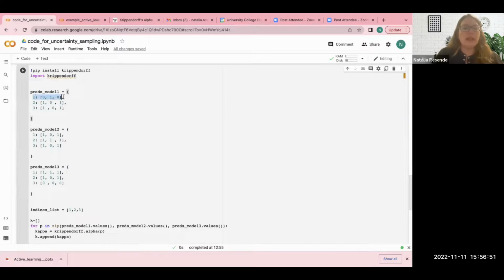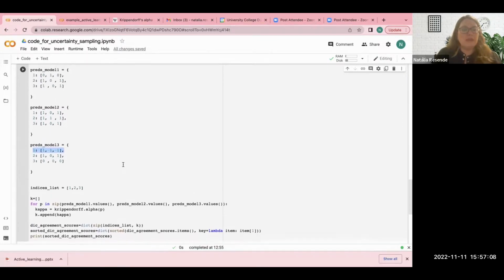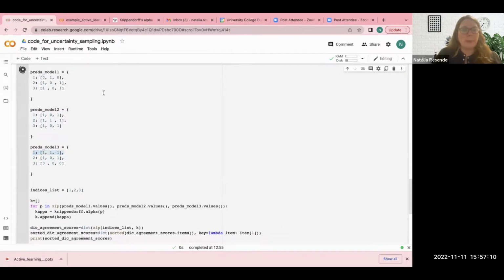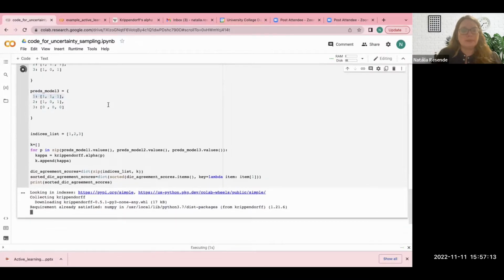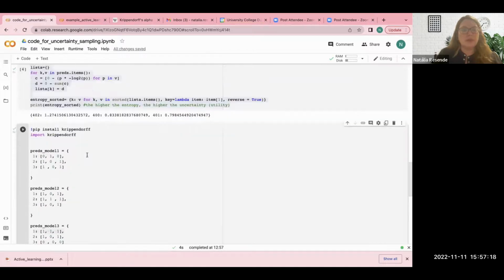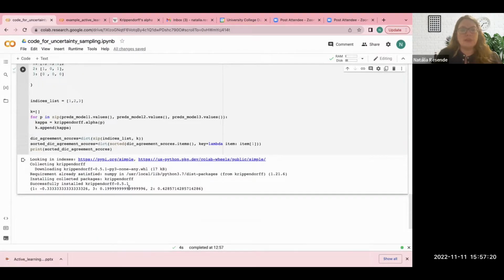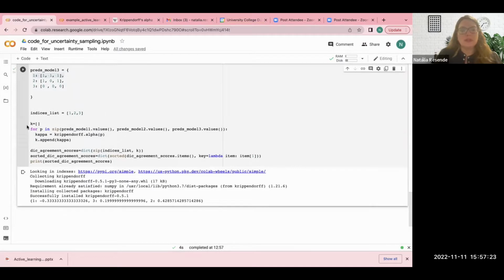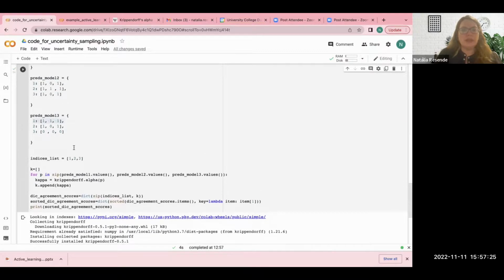So, for instance, we have the agreement for each of the instances between the 3 models. If we run this code, we first need to install the module. Then we also get the agreement scores associated with the 3 instances.